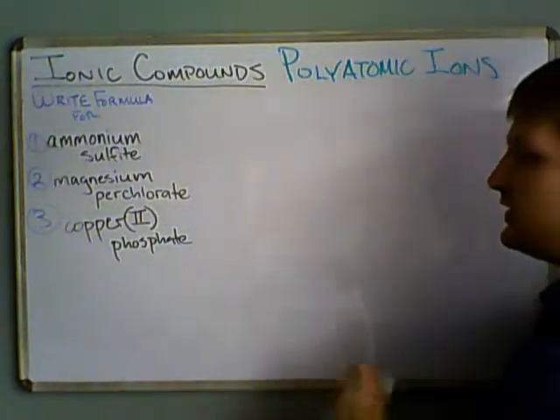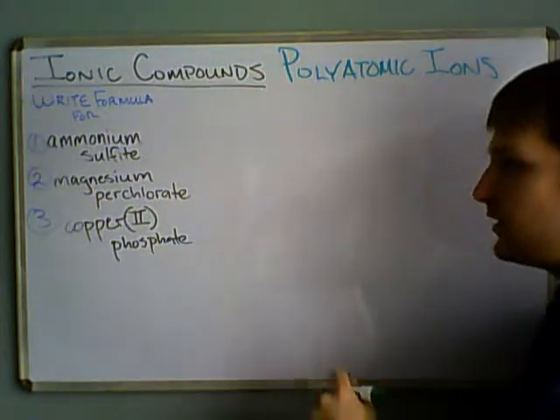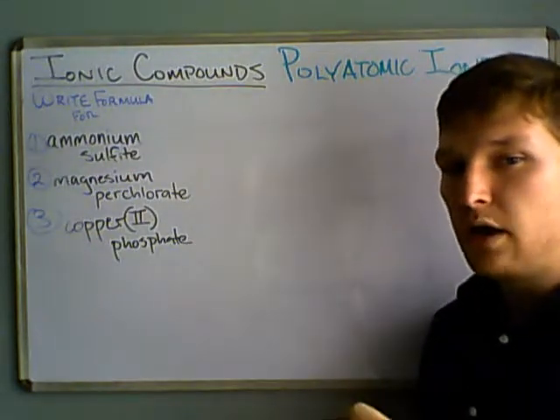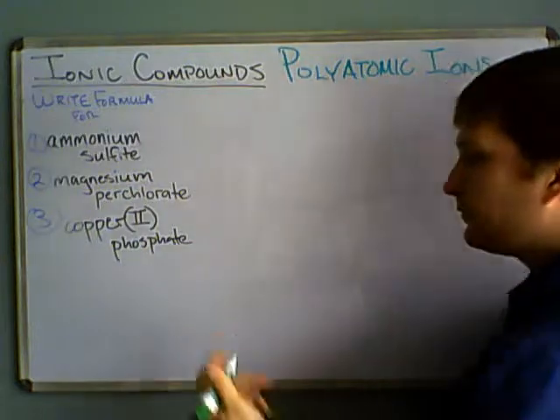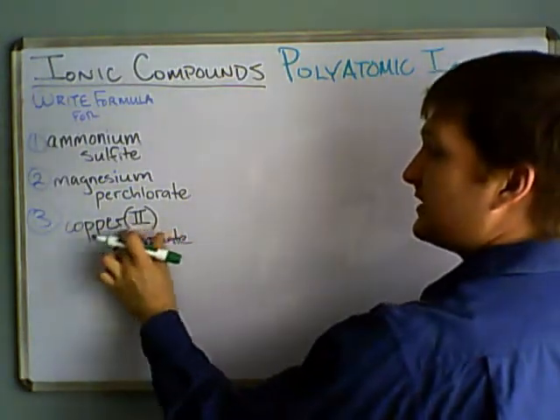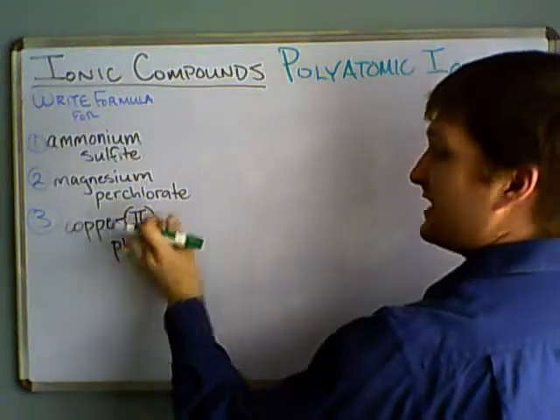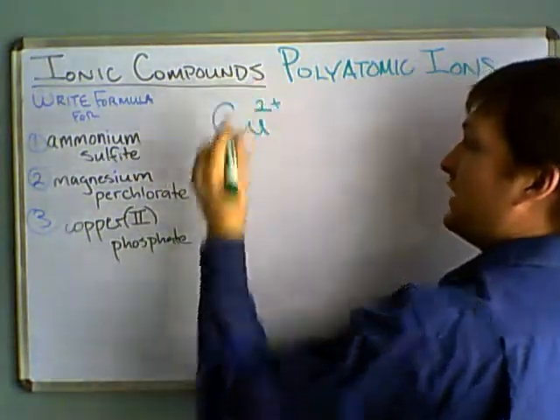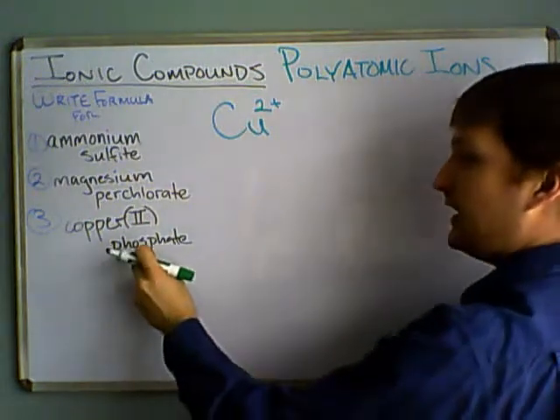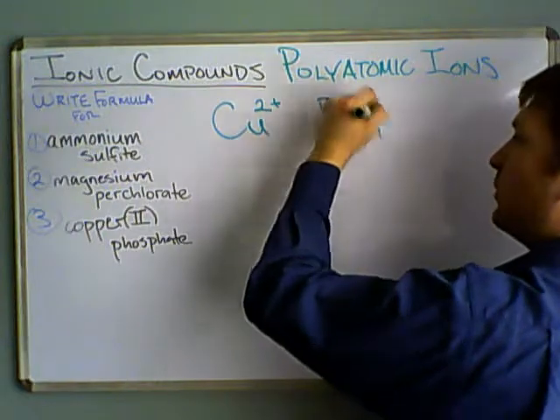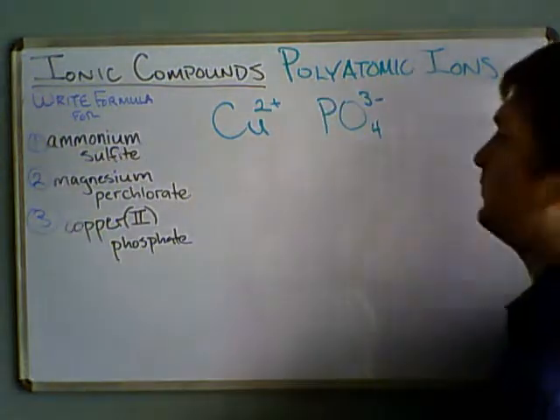Copper 2 phosphate. Copper is one of those transition metals, so we could have more than one kind of ion. Copper could be either +1 or +2, and the 2 right here tells us that's the copper with a charge of 2+. Now phosphate is PO4 3-.